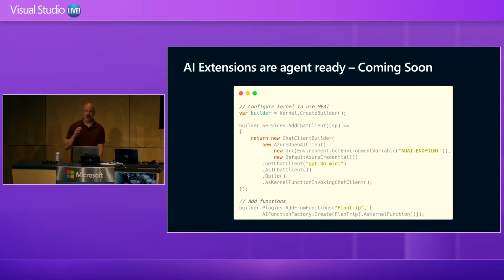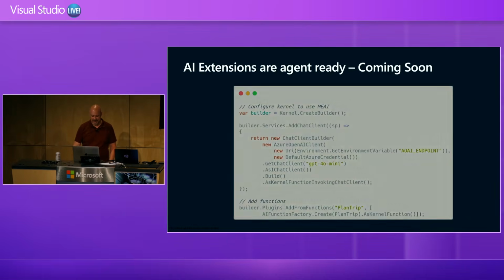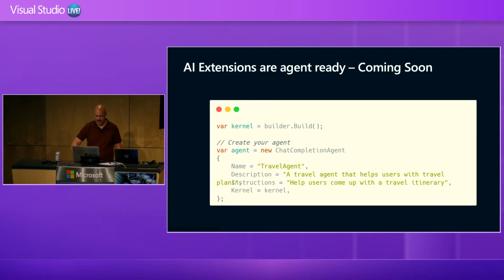So we are working on those as we look at the best solutions for these with AI extensions. And the idea here, one is we can work with semantic kernel. Semantic kernel has a plugin model where you can basically add on other plugins, and then you can orchestrate those together.